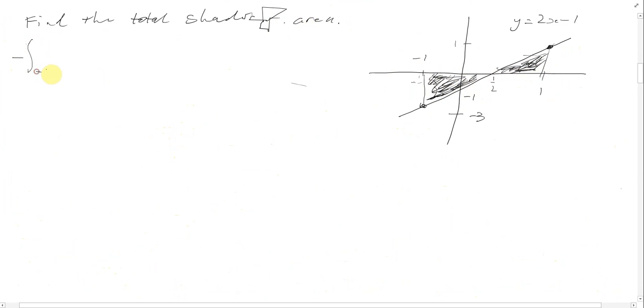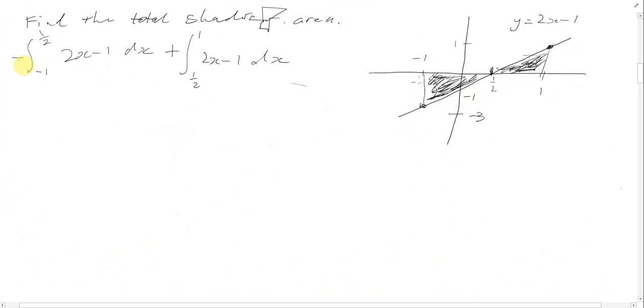So it's between minus 1 and up until here, which is a half. So it goes from minus 1 to positive a half of 2x minus 1 dx. Now we add on our positive area, which goes from a half to 1 of 2x minus 1 dx.